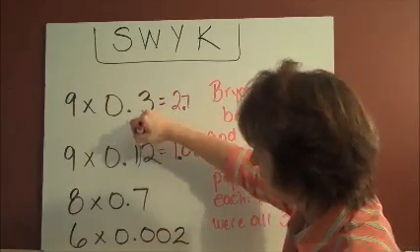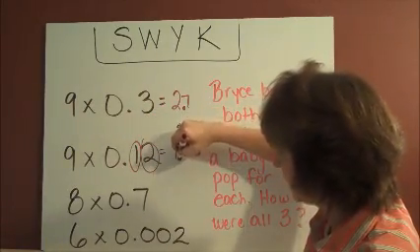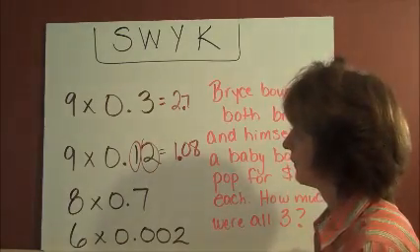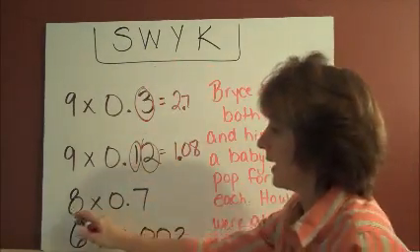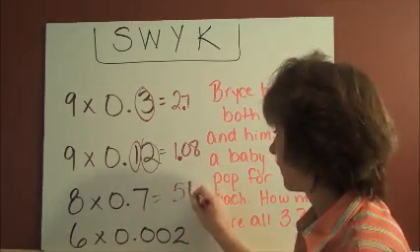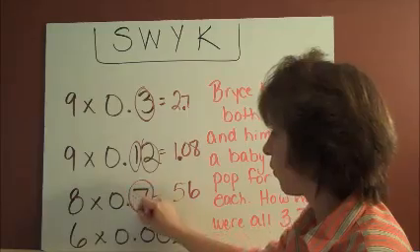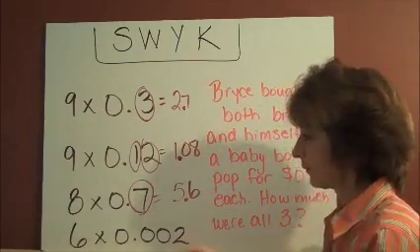So we identify the ones behind the decimal and move the decimal that many times in the answer. This one had 1, so we moved it once. 8 times 7 is 56. Because there is 1 in the problem, we're going to move it 1 in the answer.